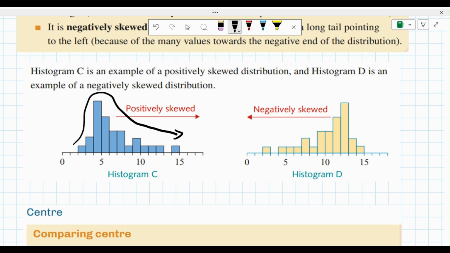That's the positively skewed, and negatively will look like you're going to the left, from here going here. That's actually negatively skewed.